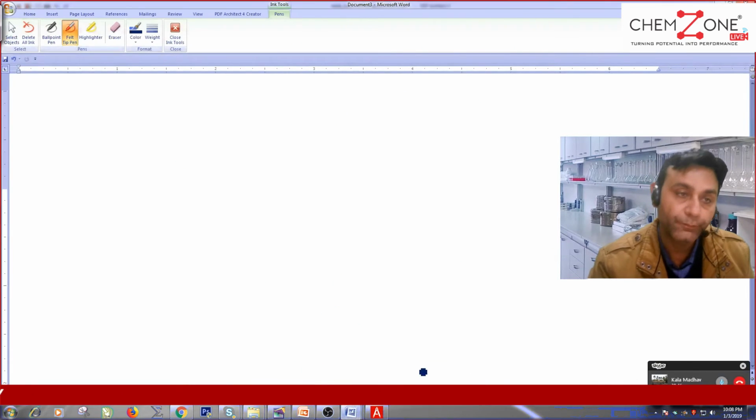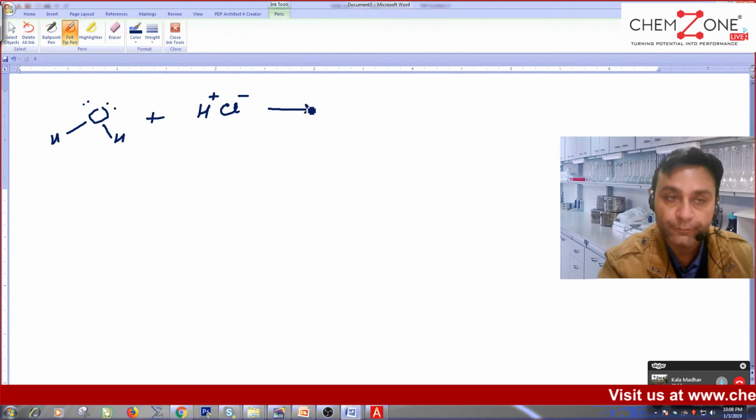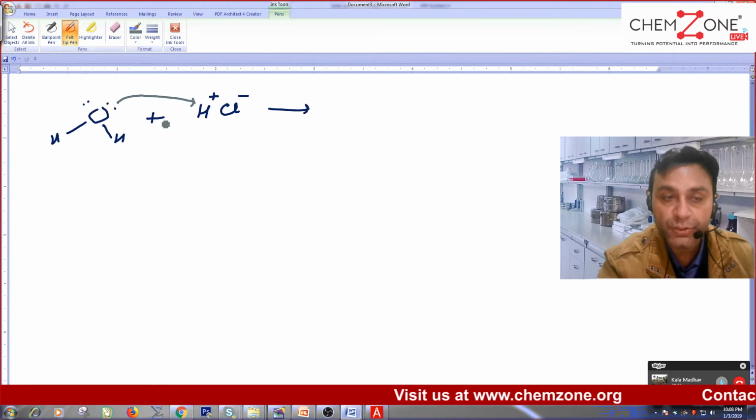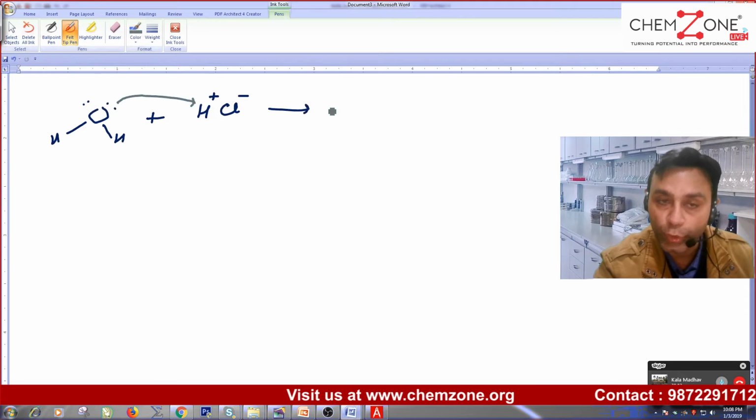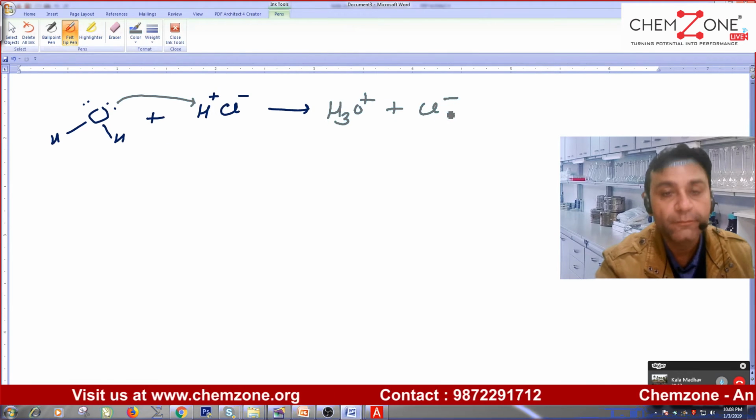In this case we have water here with two lone pairs, and I'm adding HCl, H positive, Cl negative ion. Now what will happen? Water will donate an electron pair to the H positive ion and accept a proton, and we get H3O positive and Cl negative ion.